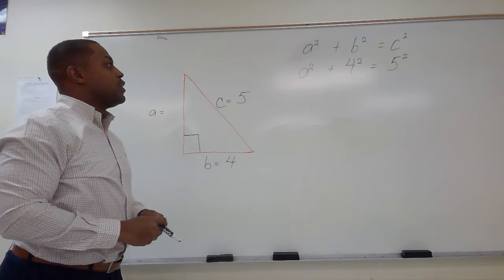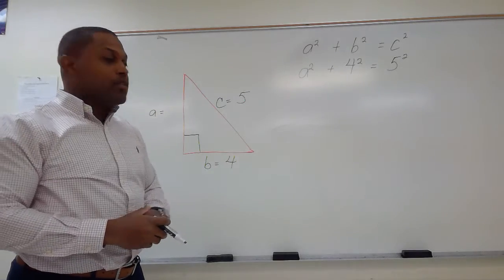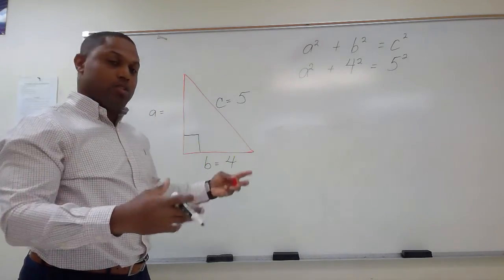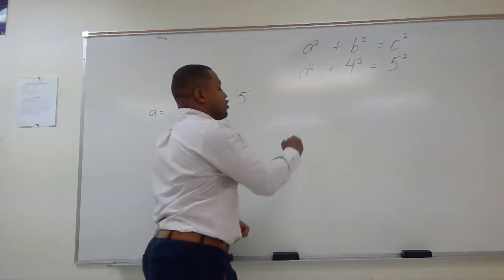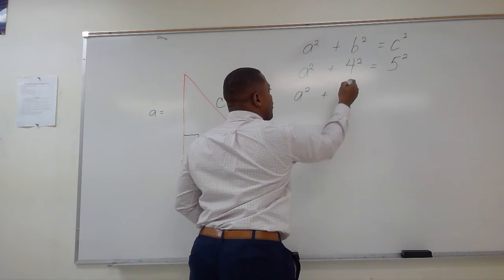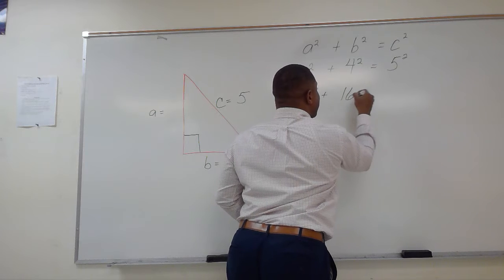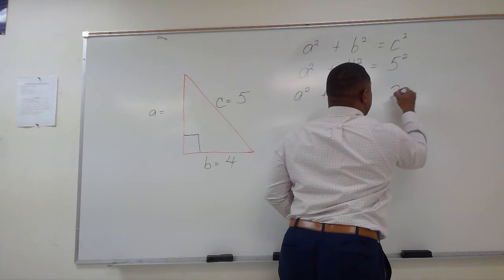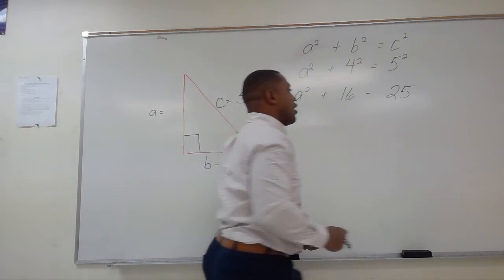All right. So then we would, again, square everything and solve the equation, or solve for A. So we're going to have here 4 squared is 16. 5 squared is 25. All right.